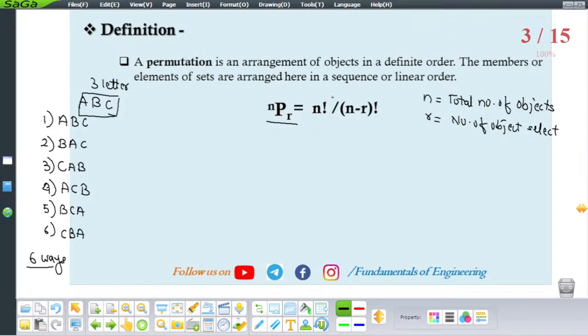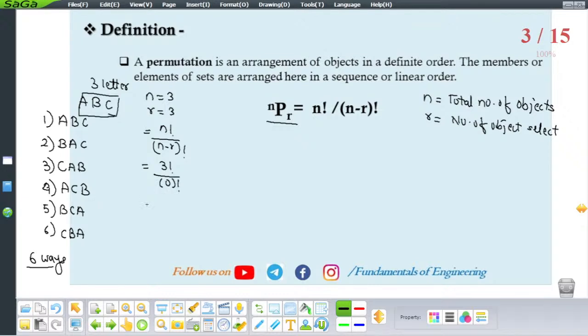Now we can see with the formula what we are having. Small n is 3 and r is also 3. So nPr is n factorial upon (n minus r) factorial. n factorial means 3 factorial, and 3 minus 3 gives 0 factorial.